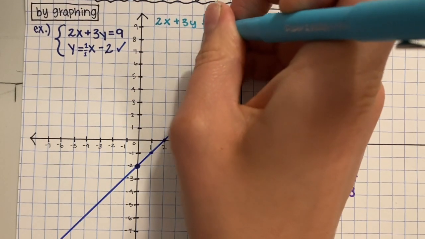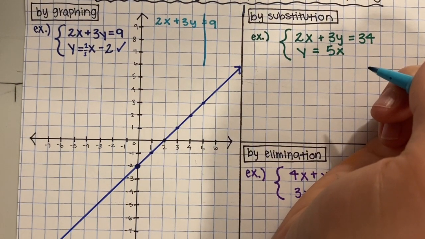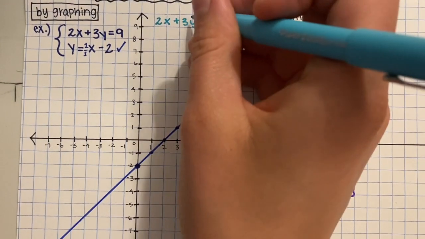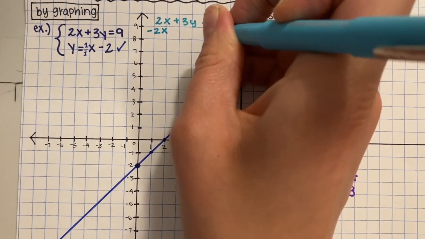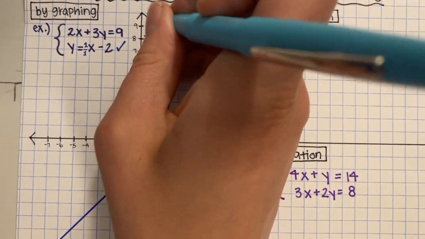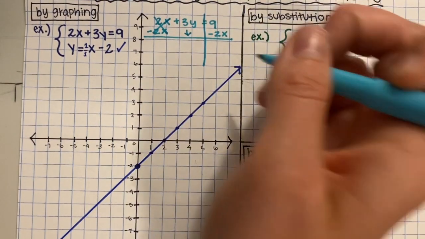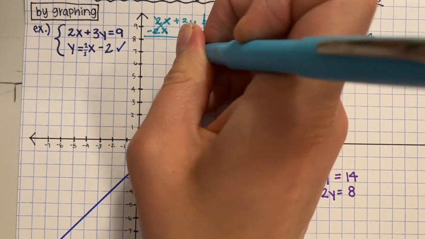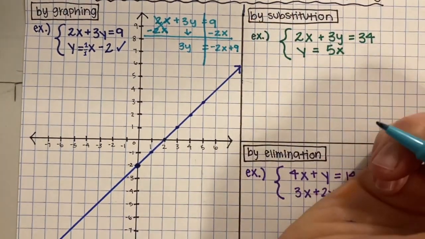I'm going to draw a line down my equal sign. I need to add or subtract so that the term with the y in it is on a side by itself. So I'm going to subtract 2x from both sides. 2x minus 2x gives me 0, so those just cancel out. I'm going to bring down my 3y equals -2x plus 9.